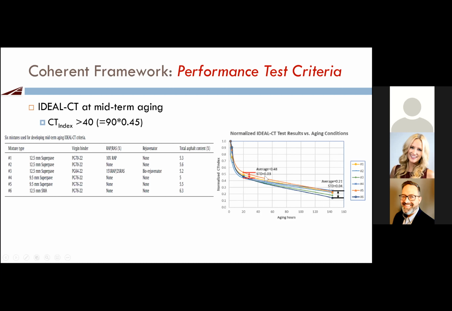When we consider one standard deviation, that's 45%. That's how we came up with the CT index of 40. And you remember the 2 hours at compaction temperature acceptance number is 90, times 0.45. We got 40. So that's how we have the IDEAL-CT midterm aging acceptance of 40.